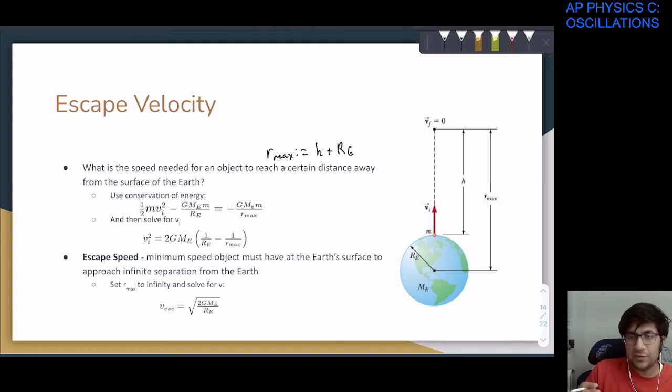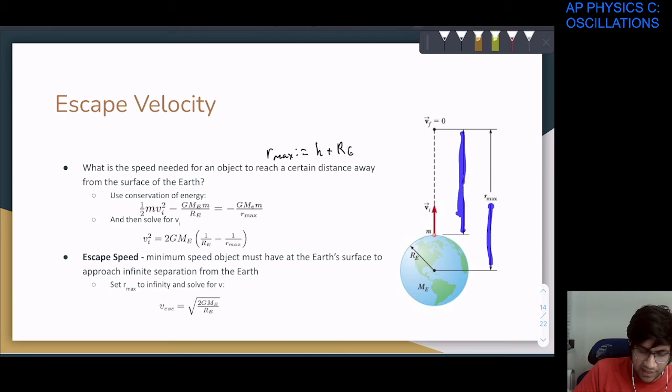So this is kind of like saying that, well, we just derived this formula over here, which says that if you want to go this distance above the Earth, you need to travel at this speed. Now, what if I say that I want to go an infinite distance from the Earth? Well, in that case, your h value over here is infinity, right?